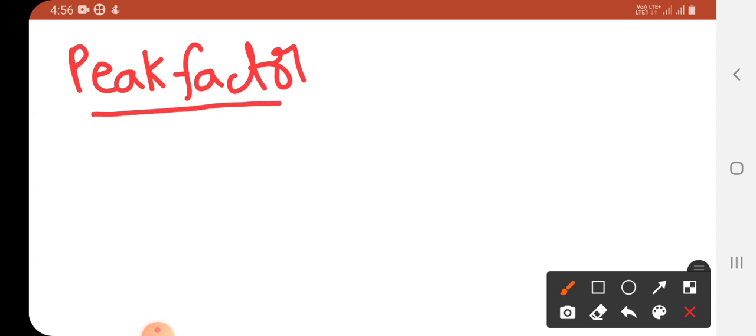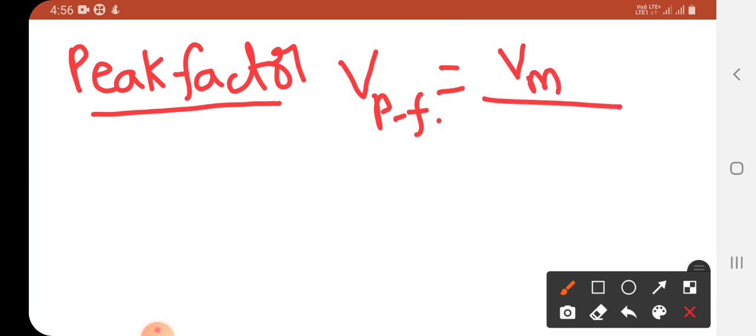Yeah, peak factor. We know that the peak factor of the voltage is equal to the ratio of the peak value Vm to the RMS value. The RMS value is Vm by root 2.